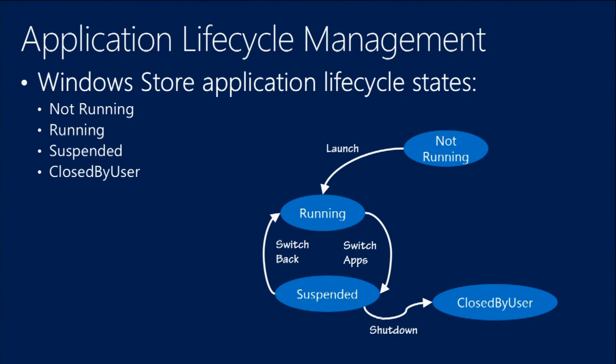Microsoft listens to feedback, though. They were like, no, users don't need to worry about that. They'll never need to close an app. They can just suspend it, and we'll worry about killing it if we think it's appropriate. Users didn't like that too much, so they added the Alt F4 to kill the app, or there's a swiping gesture on a touch-based device, swipe from the top of the screen to the bottom of the screen, and that's a close gesture. And you end up in this state of closed by user. Then the user can naturally launch it again from there, and it's like a fresh start of the application.